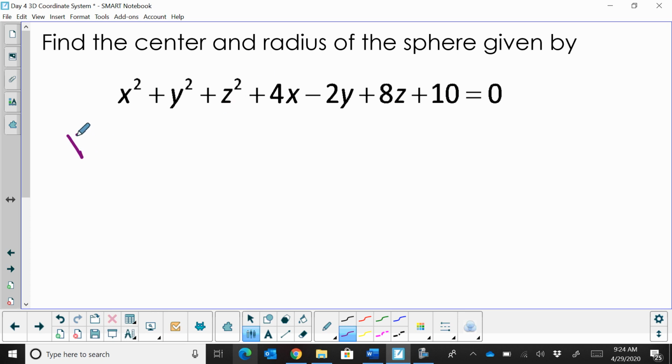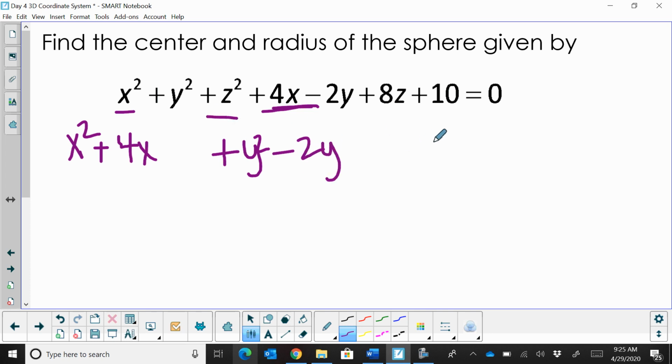So the first thing we want to do is group our variables together. I'm going to group my x's first. So x squared and 4x, I'm going to put that first, and I'm going to leave a space so I can complete the square. And then my y squared, I'm going to bring down my negative 2y with it.